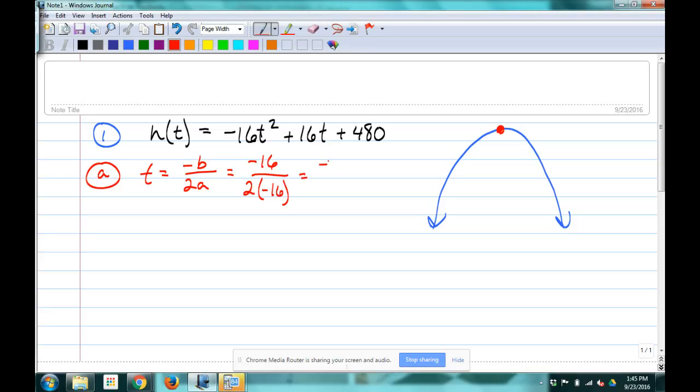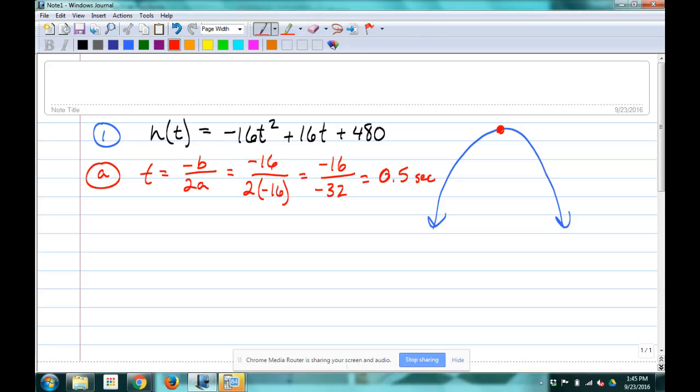It would be negative 16 over negative 32, which is half a second. In half a second, he reached the maximum height of his path, which seems about right because when you jump up, it doesn't take you long to get as high as you're going to get. And then you start going down. Well, he just happened to jump off the edge of a cliff. So in a half a second, he's reached the maximum height.